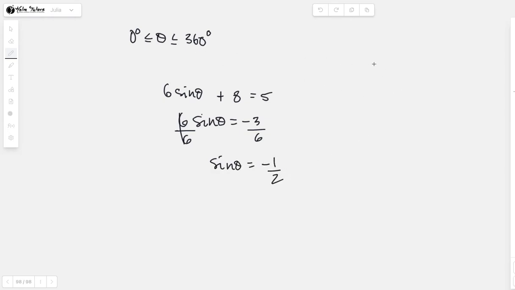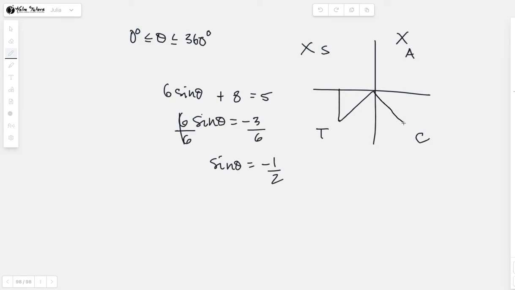Now, you have to look in all 4 quadrants. All Students Take Calculus says you need sine to be negative. All of them are positive in the first quadrant, which is why you X that out. Sine is positive in that quadrant, so we must be looking at quadrants 3 and 4. Once I figure that out, I immediately draw a reference triangle, because it's always reference triangles when you're saying sine is this.